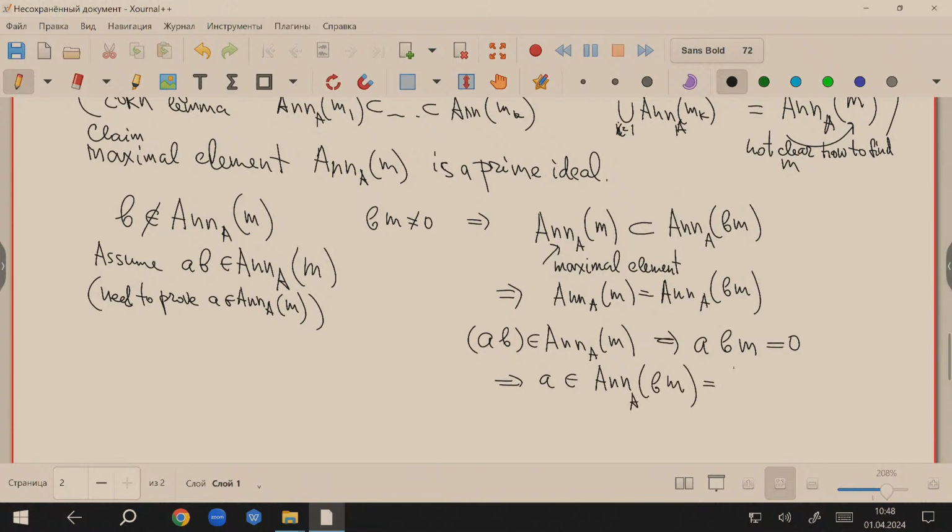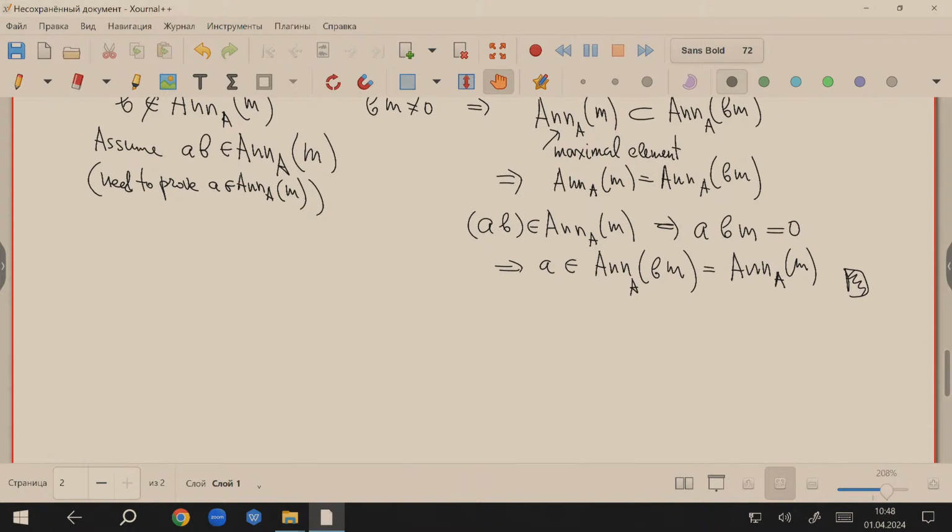And of course, this is now the annihilator of M. So that proves the claim. So this is quite easy.